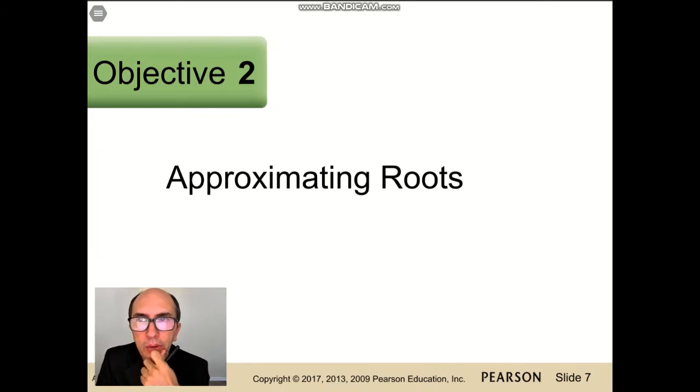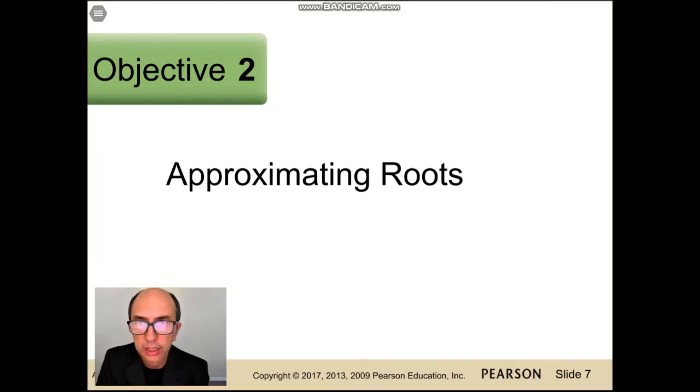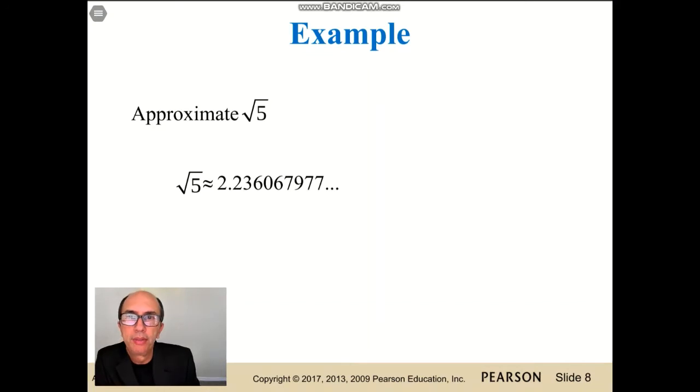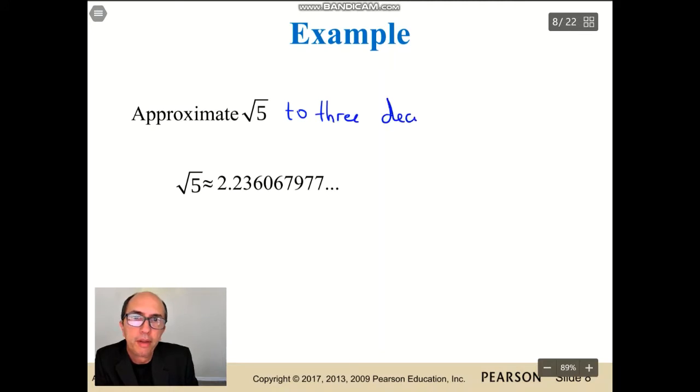This objective is about approximating roots, and actually it's quite simple. If the question asks you to approximate the square root of 5 to 3 decimals, usually the question says how many decimals are needed.